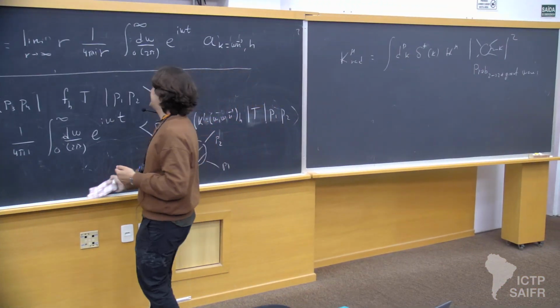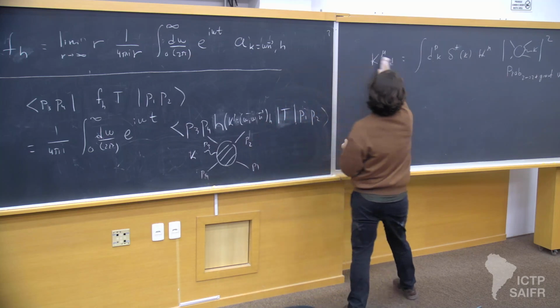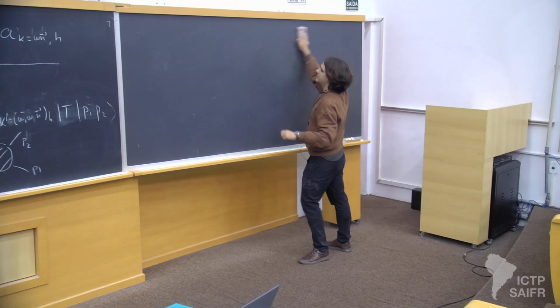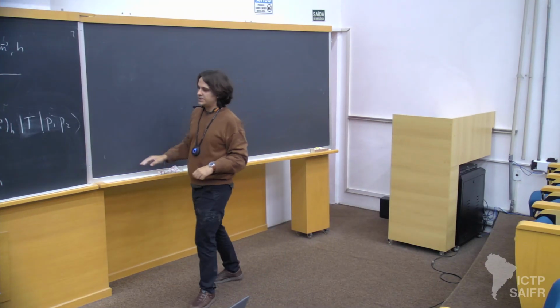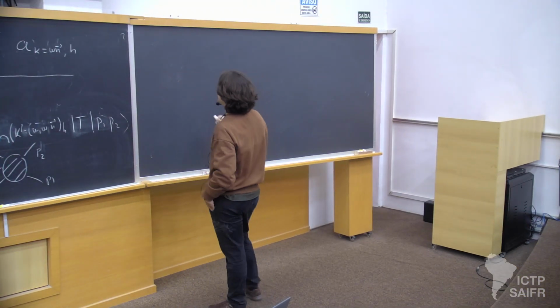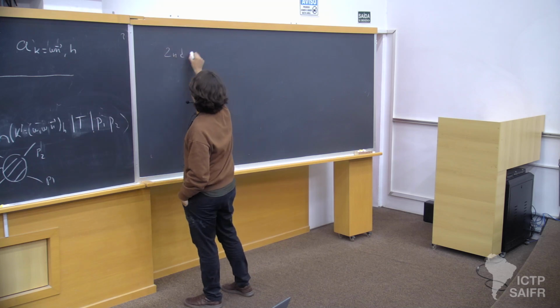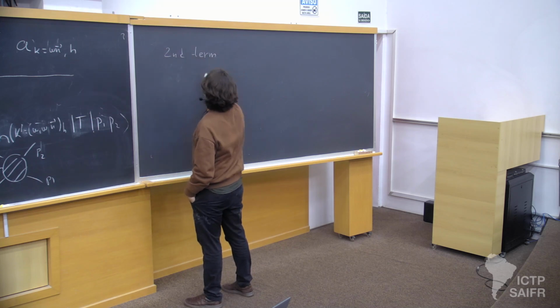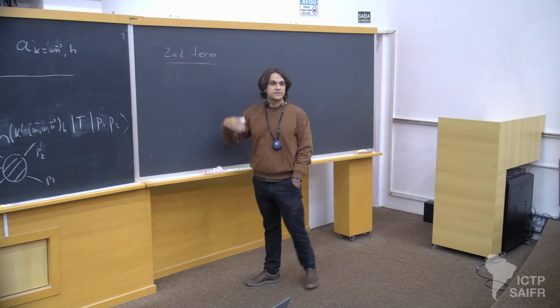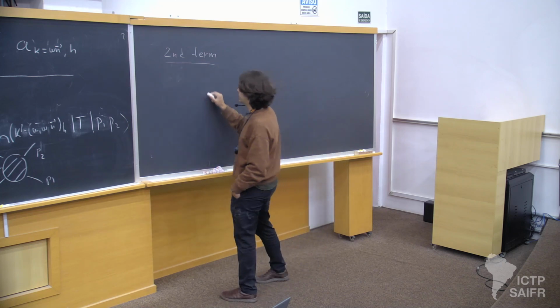Okay, and then just schematically, the second term, I won't do the calculation in detail, but you can imagine from our previous calculation for the impulse. So the second term, which only starts at second order in perturbation theory, will look something like this.